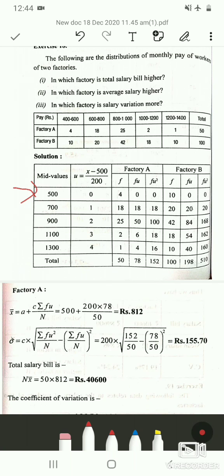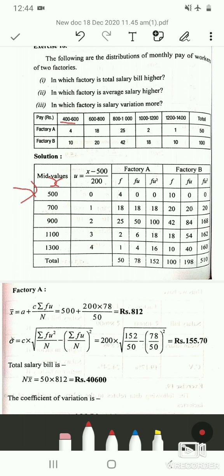Here we have taken step deviation method so that we can reduce the calculations, and u is equal to x minus a divided by c. Here a we have taken as 500, and c, that is the width of the class, is 200. We know x is the mid values.